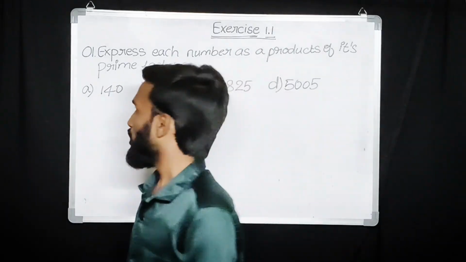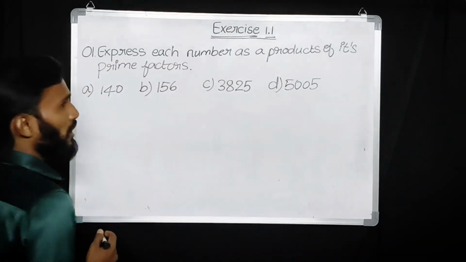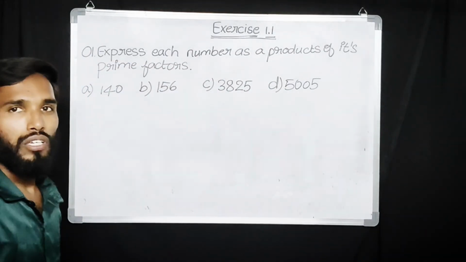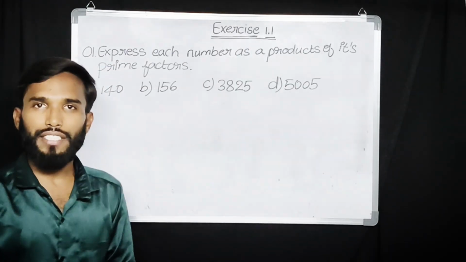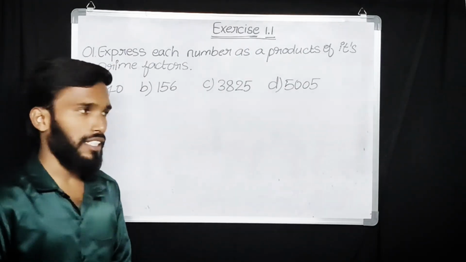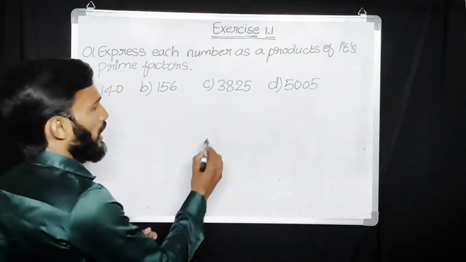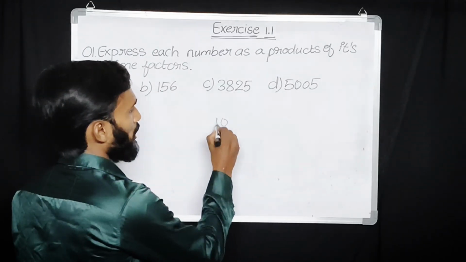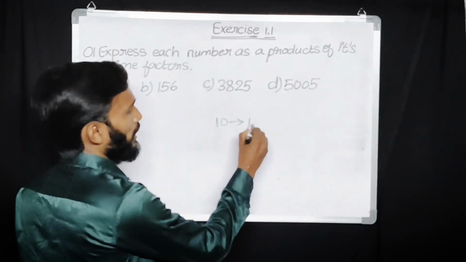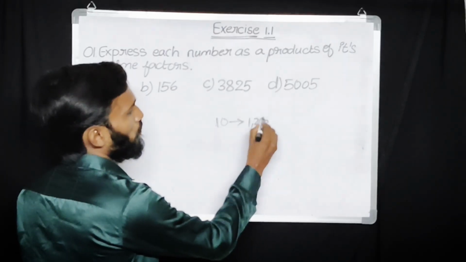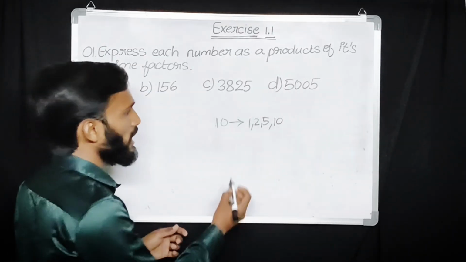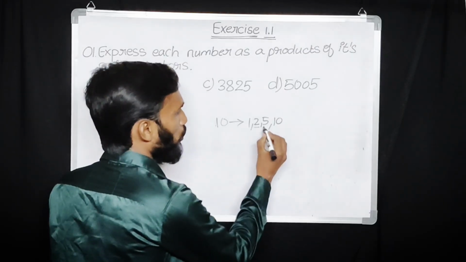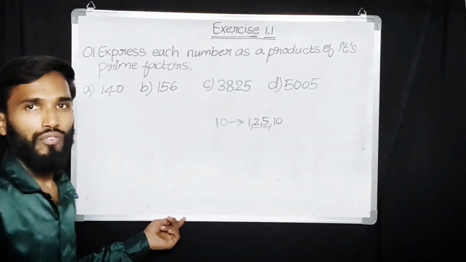The first number is 140. Here we have to find only the prime factors of 140. Every number has factors. For example, what are the factors of 10? 1, 2, 5 and 10. These are the factors. But among these, what are the prime factors? 2 and 5. Why?